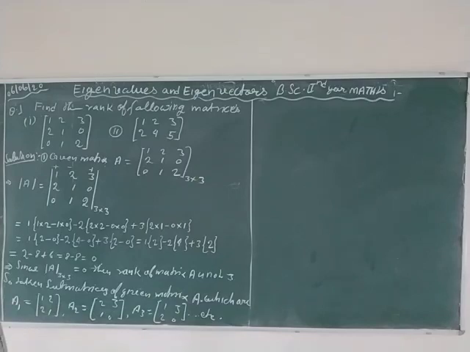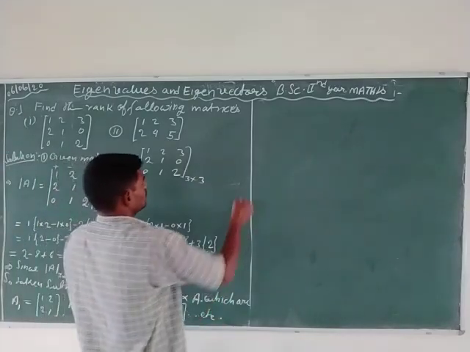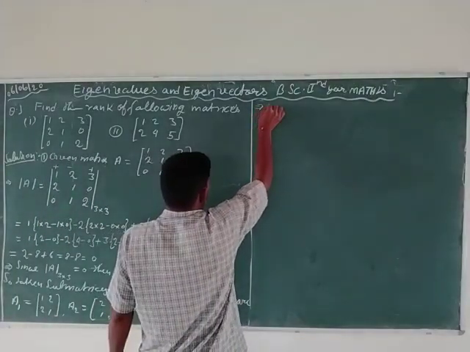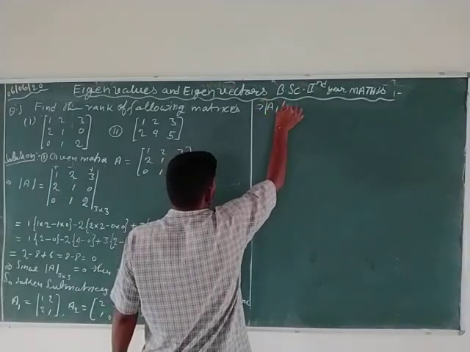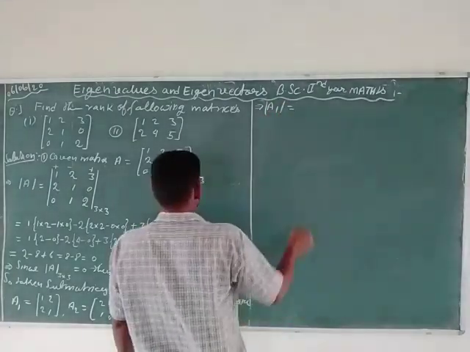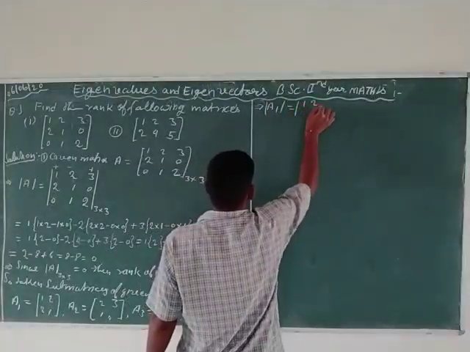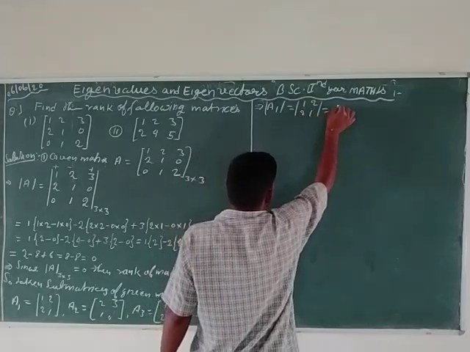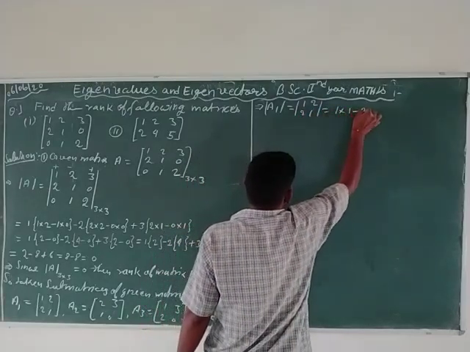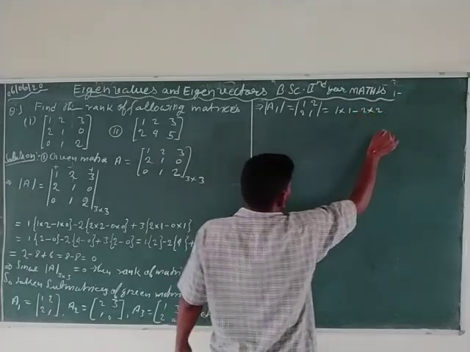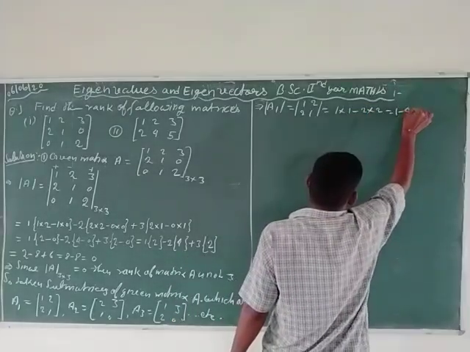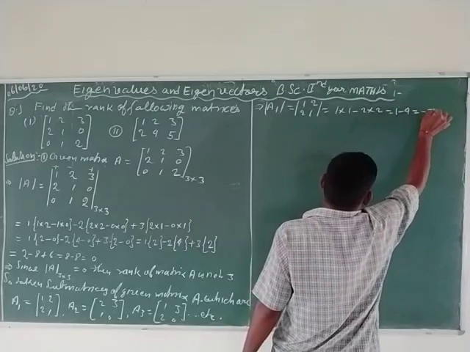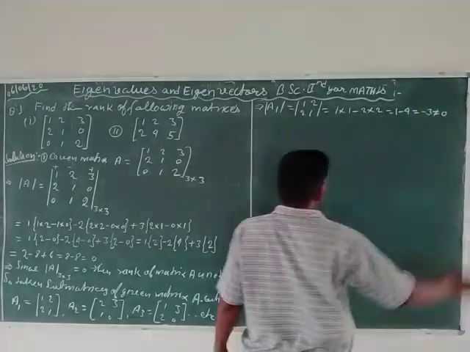After that, calculate the determinant of some submatrices. The determinant of the submatrix 1 2 and 2 1 is equal to 1 into 1 minus 2 into 2, which is 1 minus 4, equal to minus 3, not equal to 0.